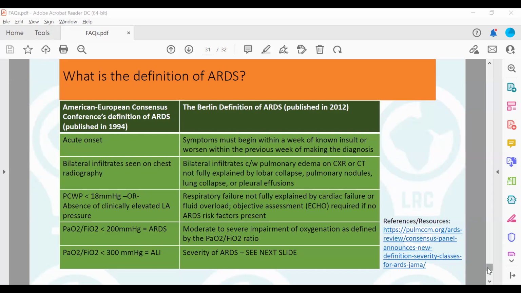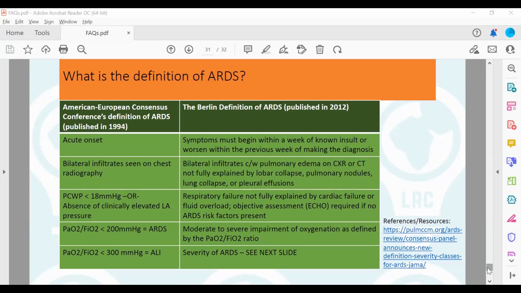But what this means in reality is that you need a high FiO2 in order to maintain a high saturation. As you know, you get the PaO2 number from an arterial blood gas, and for most of our hospitals, we don't have easy accessibility to ABG.